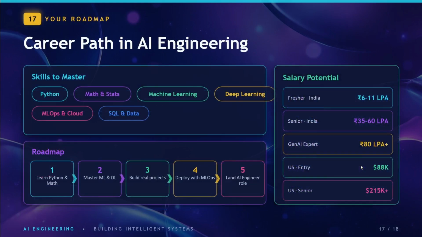Now, for those of you who are seriously considering this as a career, let's talk about the actual roadmap and what kind of salary you can expect. First, let's look at the skills you need to master.